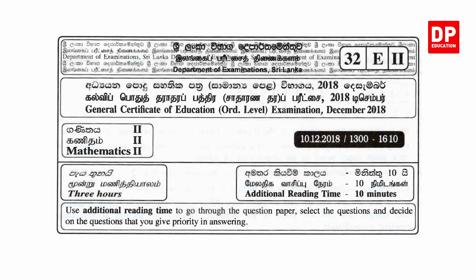Multiply 105 by 42 and put a 0. 4 times 5, 20. 4 times 1, 4. 2 times 5, 10. 2 times 1, 2.